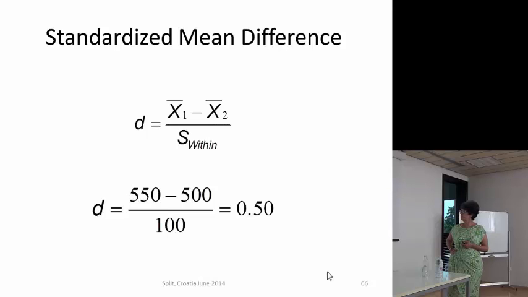So if the variance was 100 and the mean difference is the same as before, we would have a standardized mean difference of 0.5, which, as I mentioned, would mean that a person at the mean of the treatment group would be half a standard deviation higher on the outcome scale than the person at the mean of the control group.